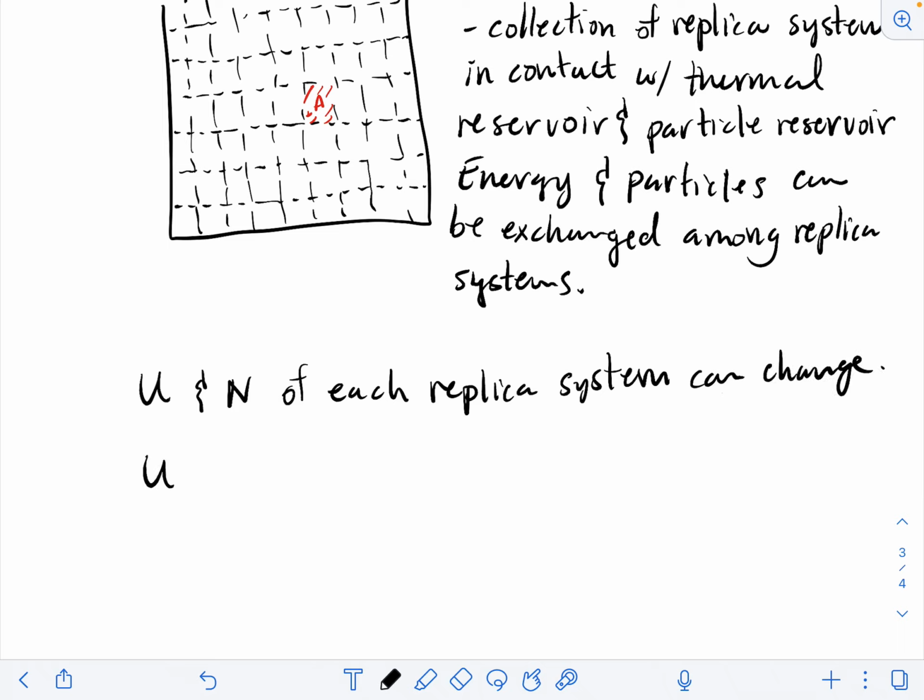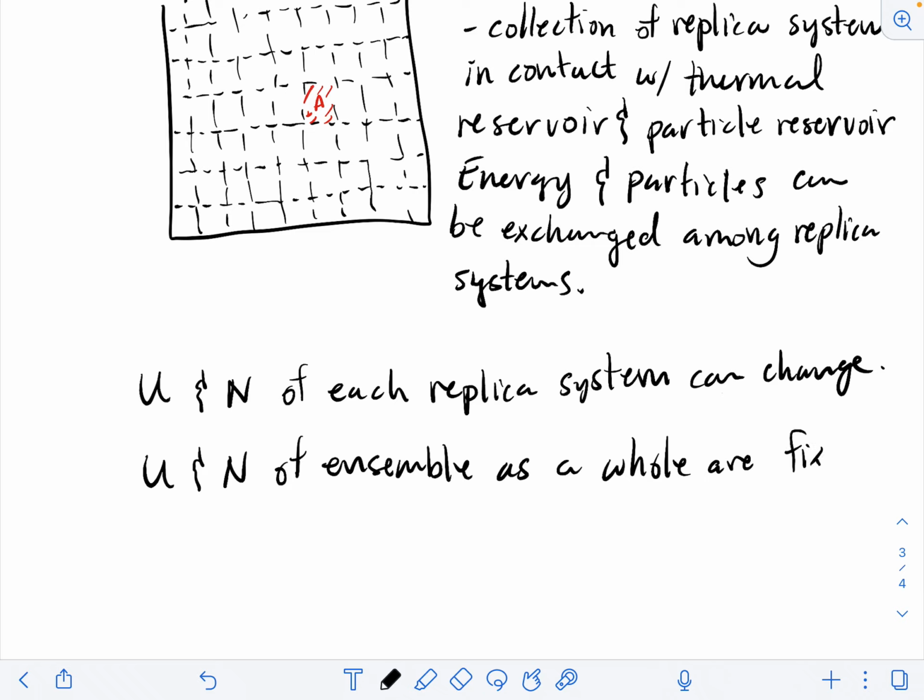But the energy and particle number of the ensemble as a whole are fixed. And so we'll say that the energy of the ensemble is UT and the number of particles in the ensemble are NT.